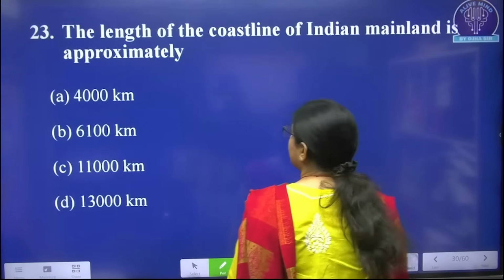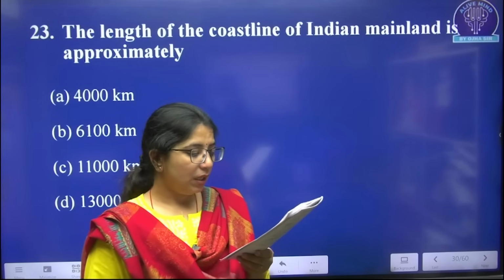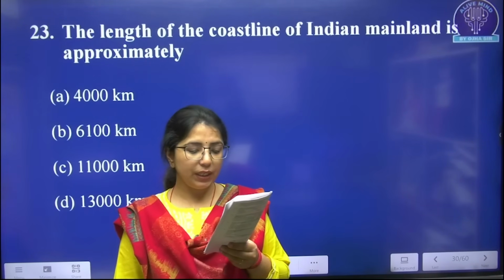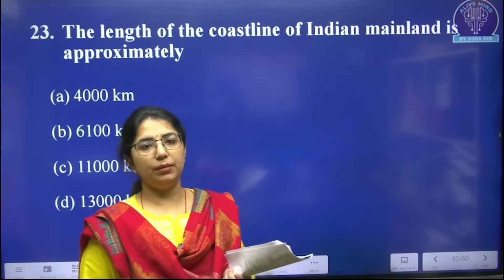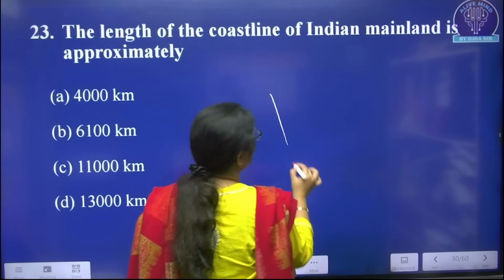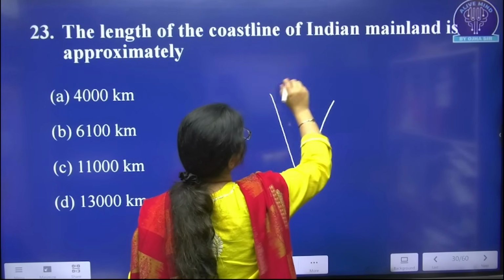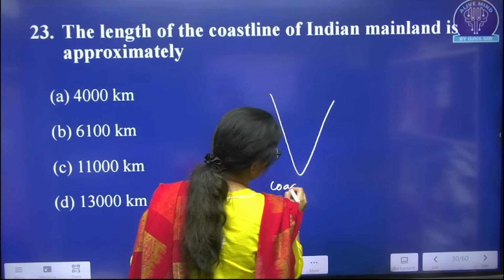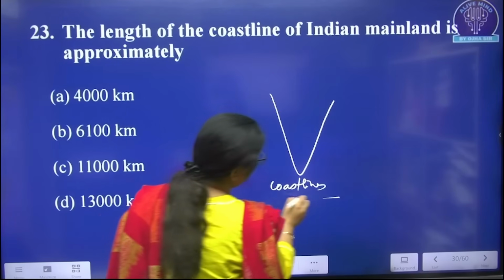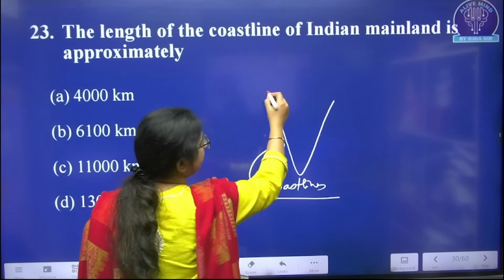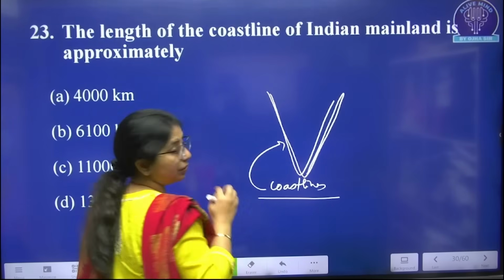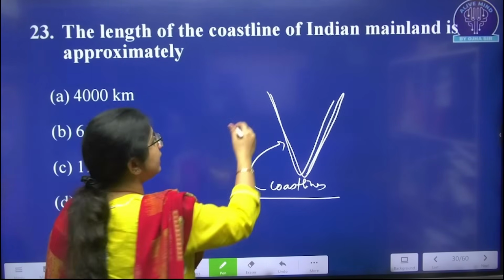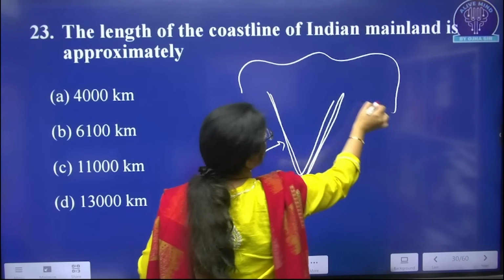Then is the next question, question number 23. The length of the coastline of Indian mainland is approximately. Two things kindly remember while memorizing the coastlines. One thing is they'll ask you the coastline means this. Read the question very carefully. And then they'll ask you the land boundary means this region.